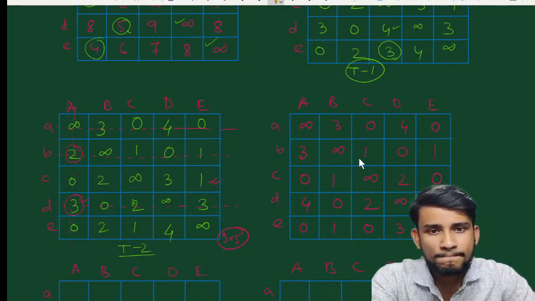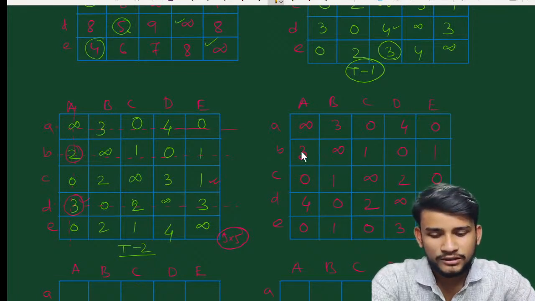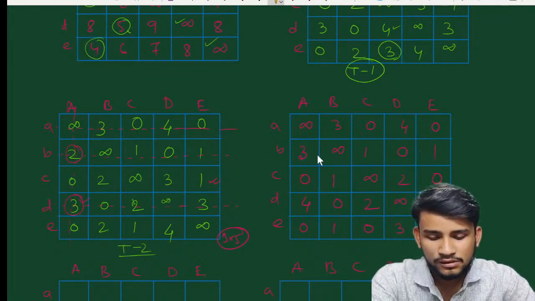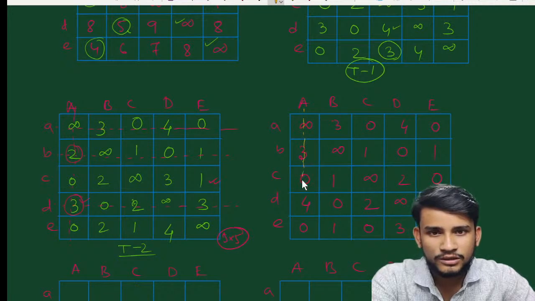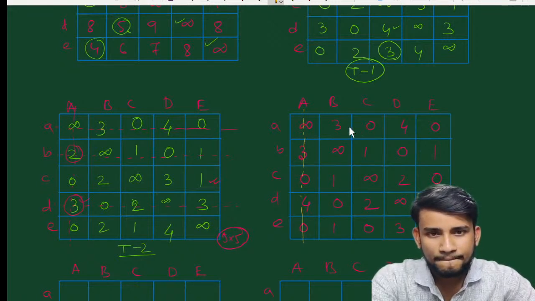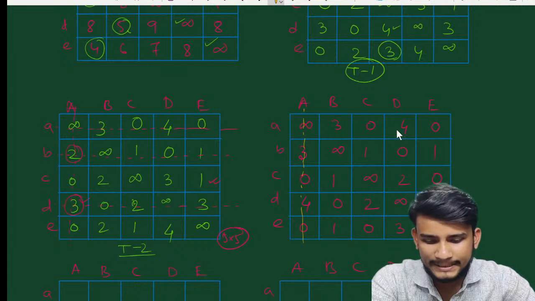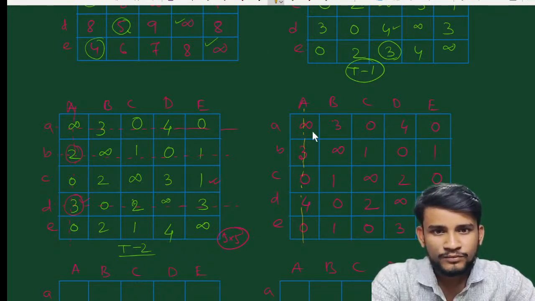We now draw the lines to cover the zeros. Okay, so if we write such that here 2 0, therefore we draw this line once. Okay, one line, then this is the second line, you can say, just a minute.